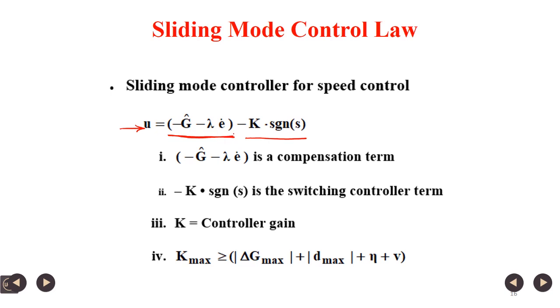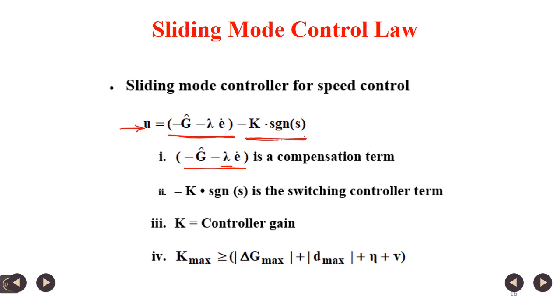So, g is a certain function and g hat is estimated for the operating condition. So, g hat is coming from the estimation of the model. Lambda is a positive constant that is used in the sliding mode control. It is basically 1 by lambda is the time constant for one filter, and e dot is the change in error. So, this term is the compensation term, which comes from the knowledge about the system dynamics, and the second term, minus k sin of s, is the switching control, and it is a hard switching.